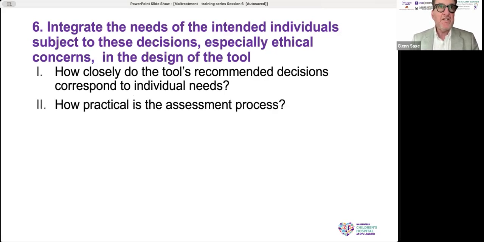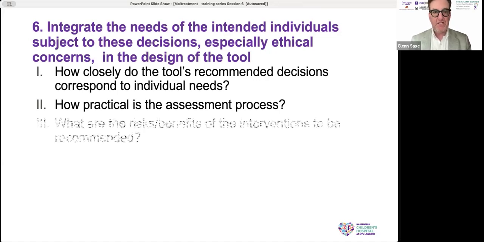And then the assessment process: if it involves a 3-hour assessment, is that really going to be practical based on the people that need to be assessed?